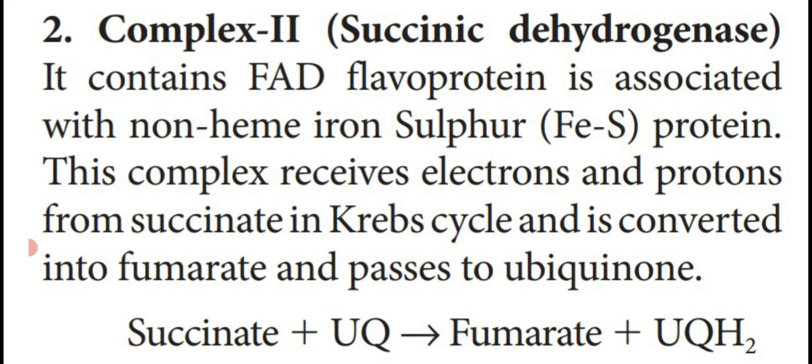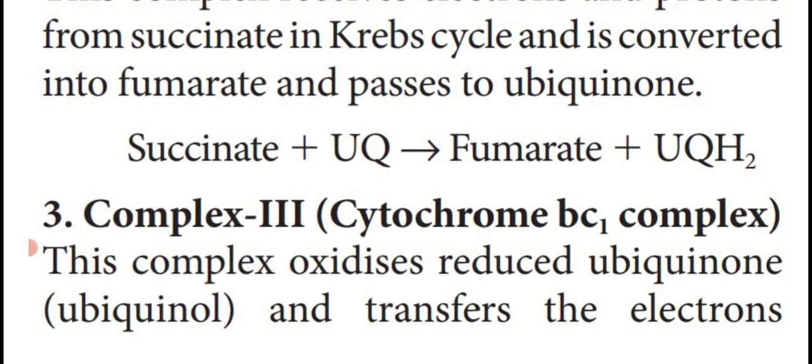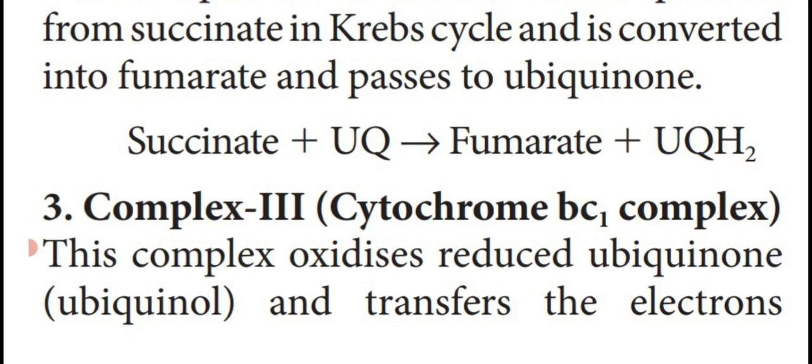So the formation of fumaric acid from succinic acid by the enzyme in step 8 converts FAD into FADH2 and releases electrons. These electrons are passed to the ubiquinone. So the succinate combined with ubiquinone produces fumarate, and the removed hydrogen is added to the ubiquinone. So that takes place in step 2 or complex 2.